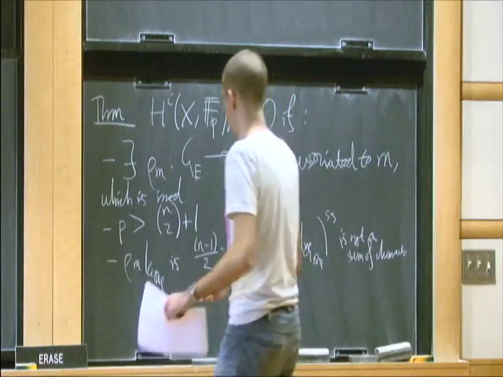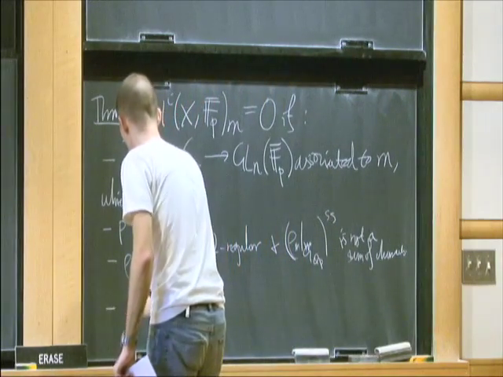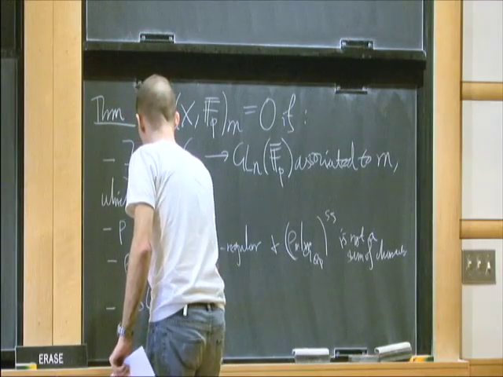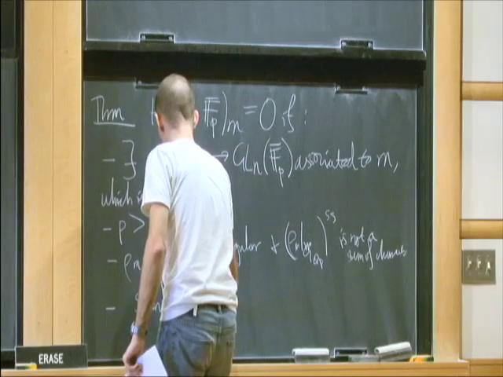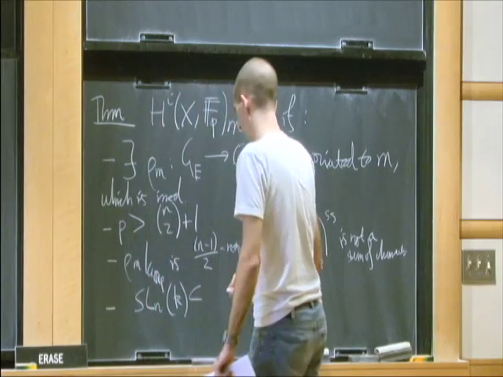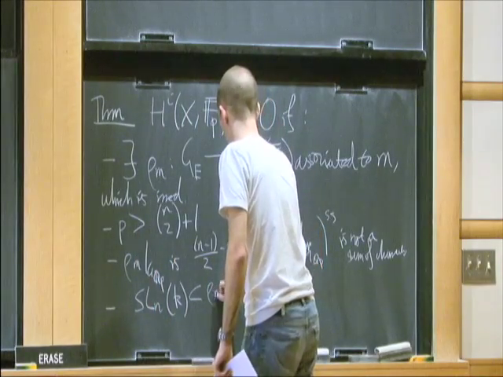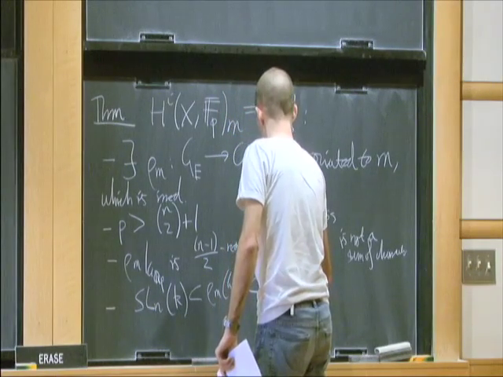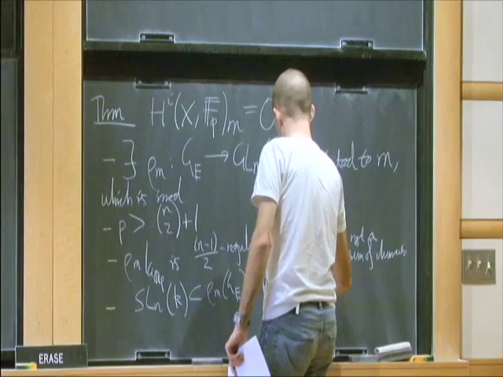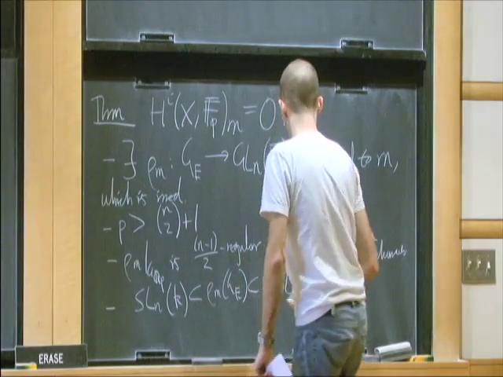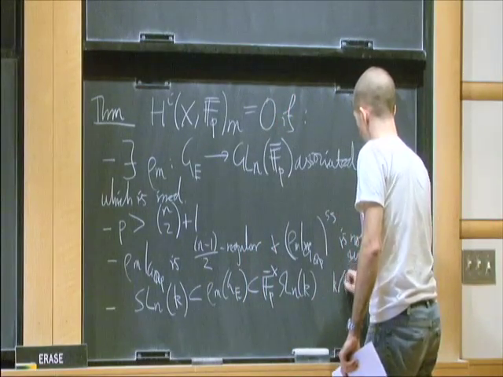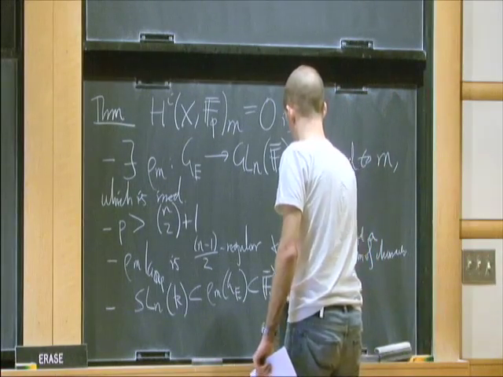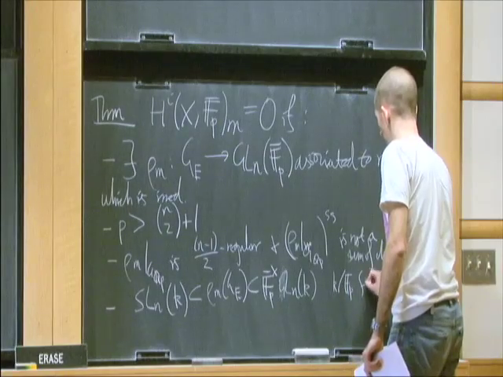And then one more assumption, which was this assumption about the image. So the image rho_M(G_E) contained in F_p bar star SL_n(k), containing SL_n(k) for some finite extension.